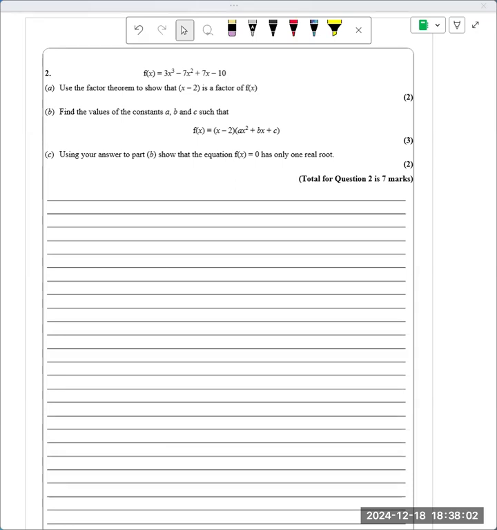So thinking ahead, the factor theorem is a very specific thing. You cannot answer part A by doing a long division.